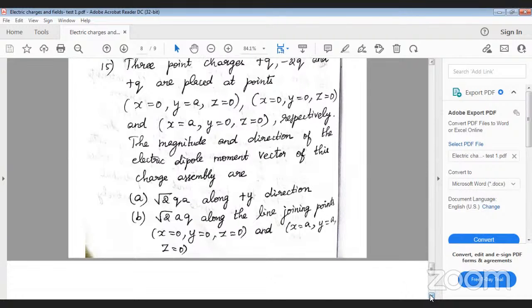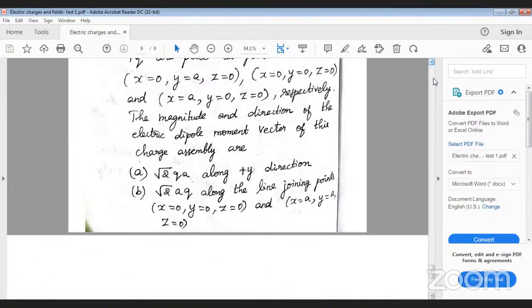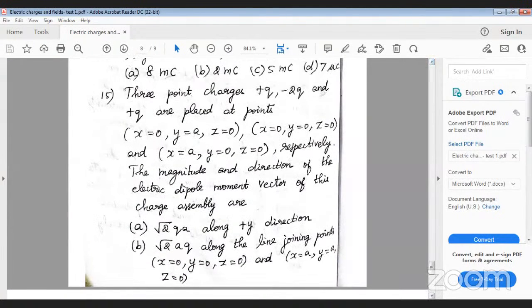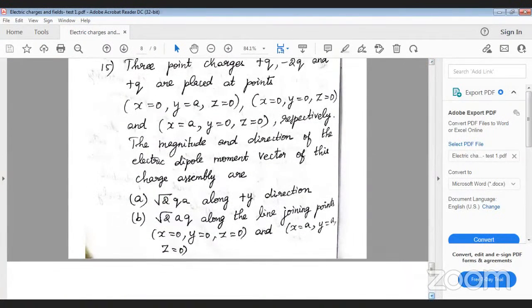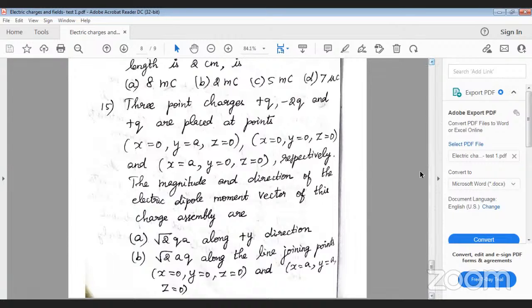So they have given you 4 options, and what you have to do is find out the magnitude and direction of the electric dipole moment vector due to this charge assembly. Charge assembly means they have mentioned the point charges plus q, minus 2q and plus q.